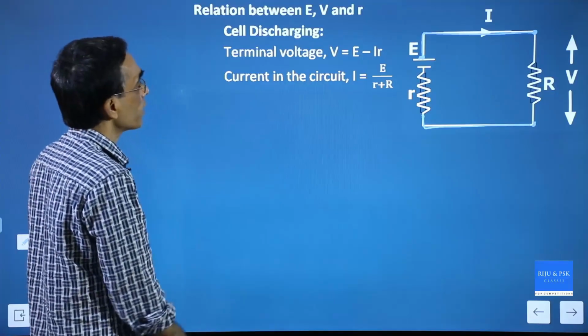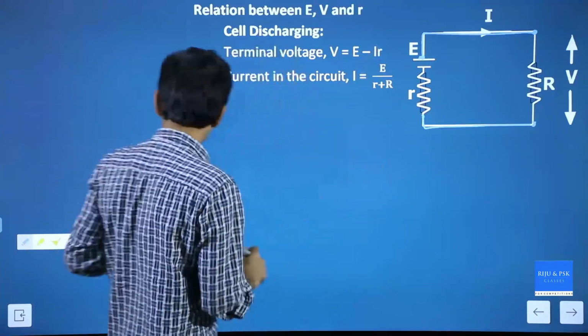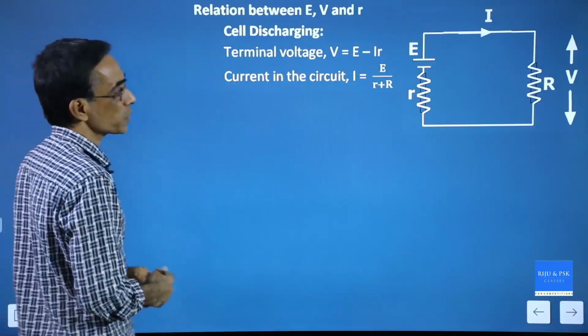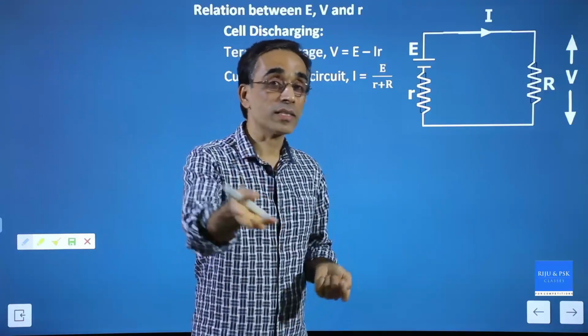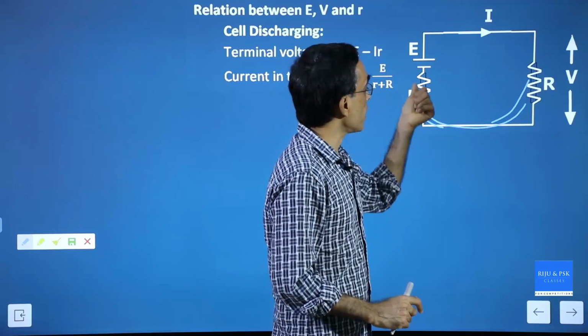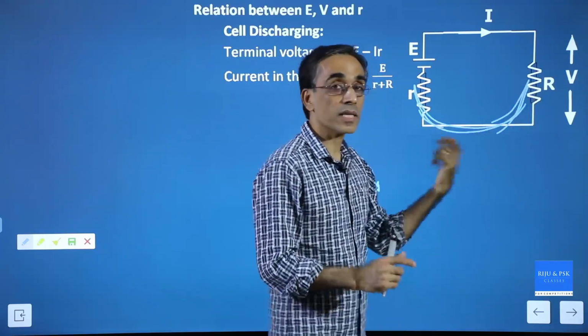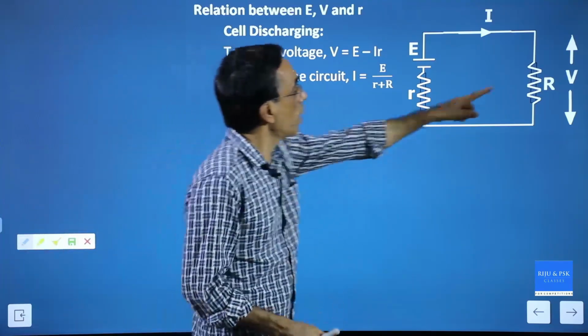And how do we actually understand the relation between E, V and R? That's very simple. Let us use Ohm's law for that, and I will just use the knowledge from the 10th standard. In 10th standard you studied that these two resistances are in series. So what is the total resistance available? Total resistance must be equal to R plus r.